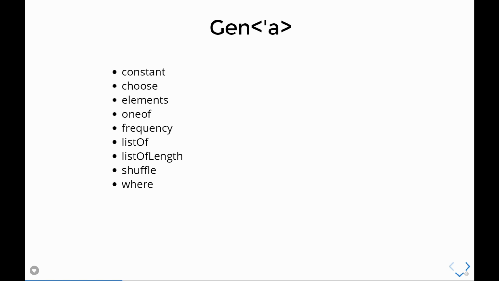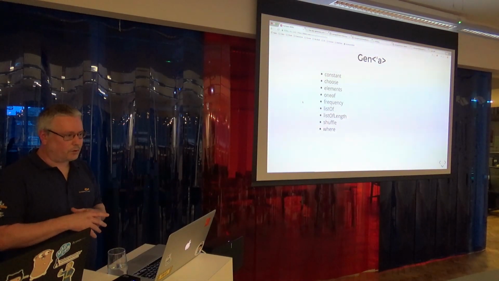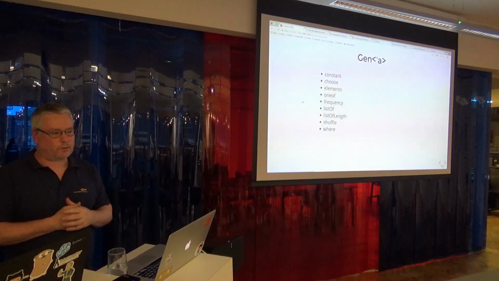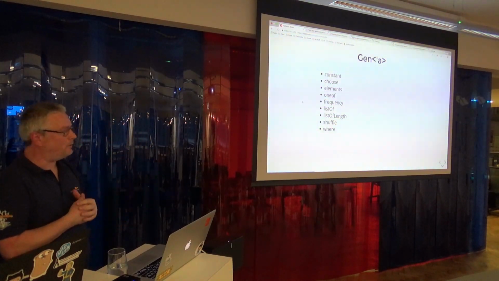So, just on the subject of custom generators, there's lots of little tools that you get in FsCheck to help you do exactly that. Out of the box, you get default generators for all the primitive types, so ints, floats, bools, date times, all those sort of things, and lists of those things, and tuples of those things, and all sorts. So you get an awful lot out of the box, including, as I discovered, the thing I was hinting at last night.